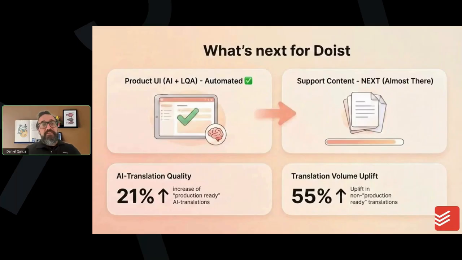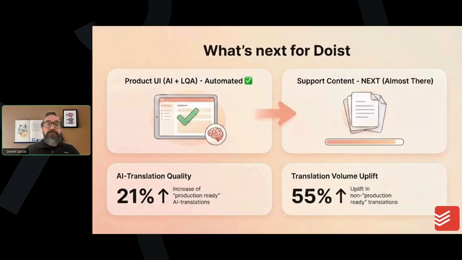To put this in numbers, during the last month, I just pulled the numbers yesterday, about 3,800 AI translations containing more than 33,000 words were production ready. This corresponds to 46% of the content that is AI first translated by Transifex in our projects.